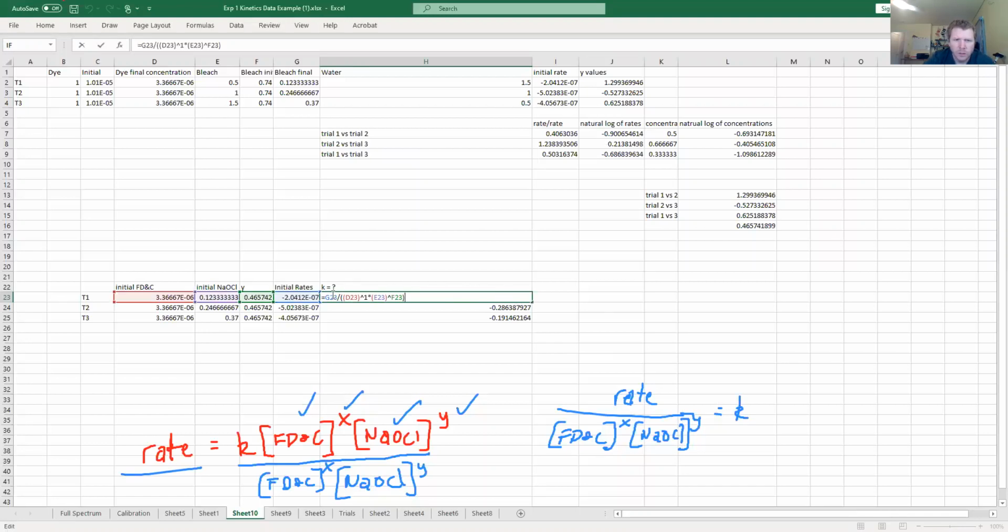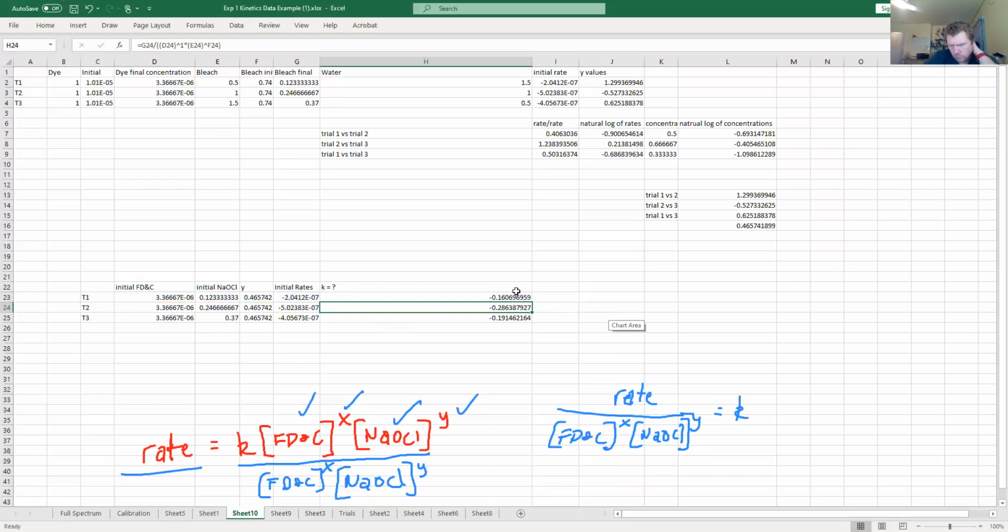It's equals G23, which is my rate, divided by D23, which is my FD&C concentration, raised to the first power, multiplied by E23, which is my NaOCl concentration raised to the Yth power. Plug all that in, do that for all of the rest, and there's your value.